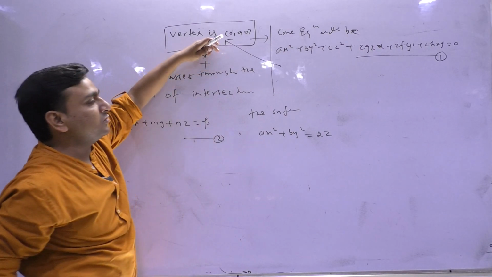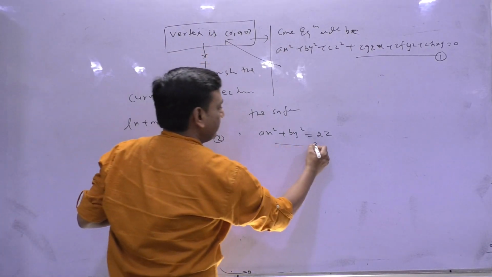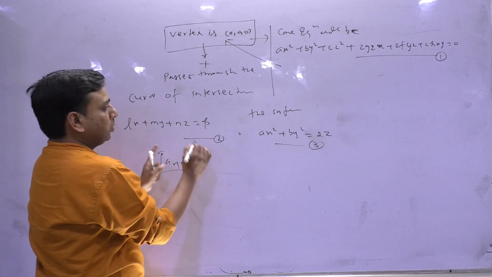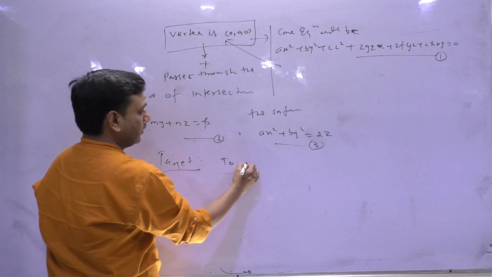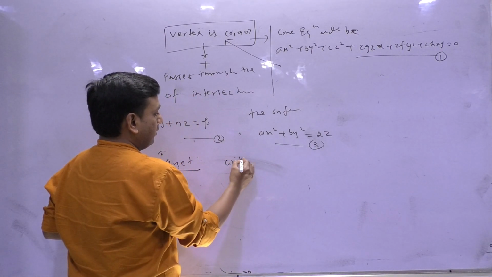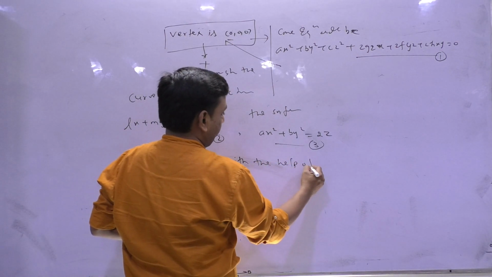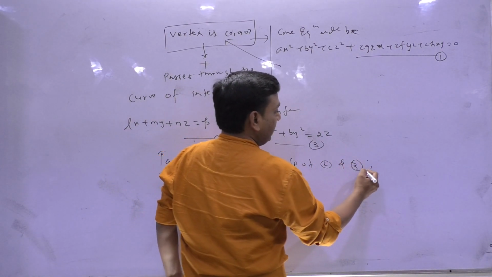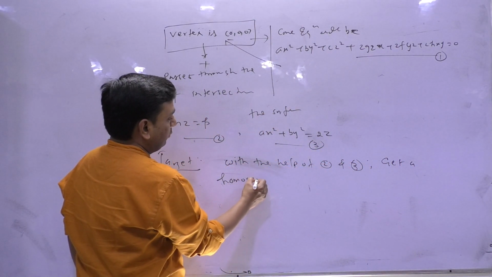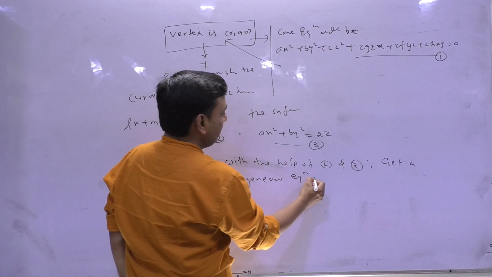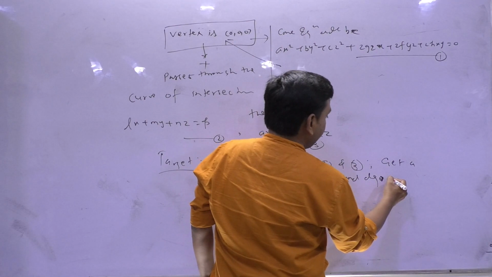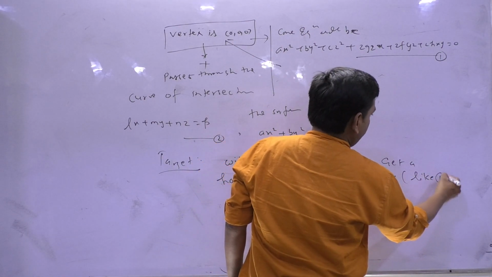They have given vertex is origin, means our target is to make, with the help of 2 and 3, a homogeneous equation of second degree like 1.